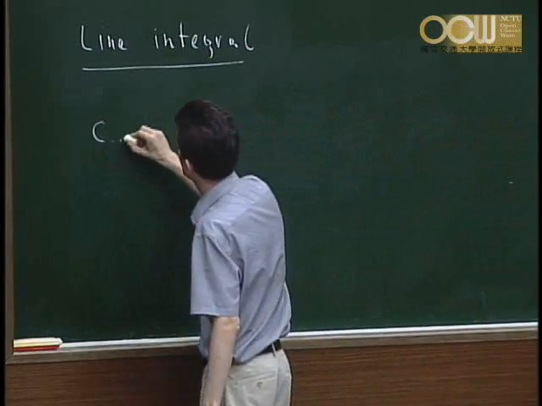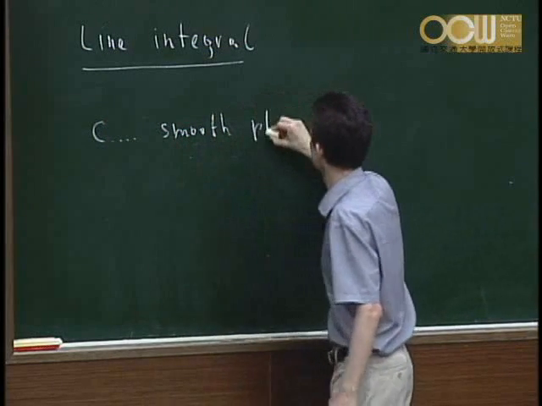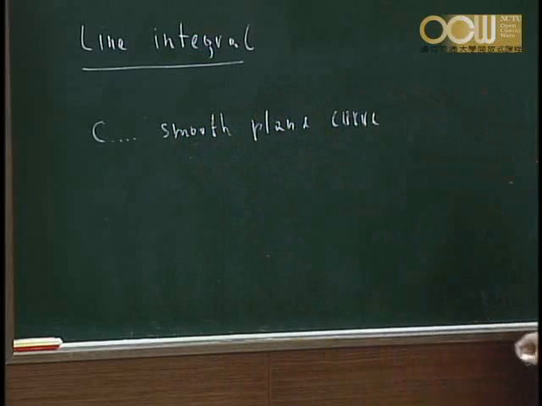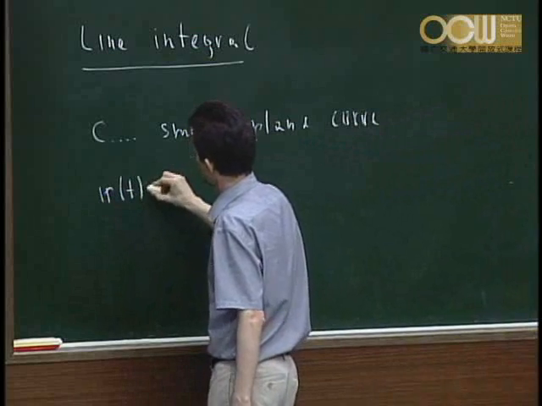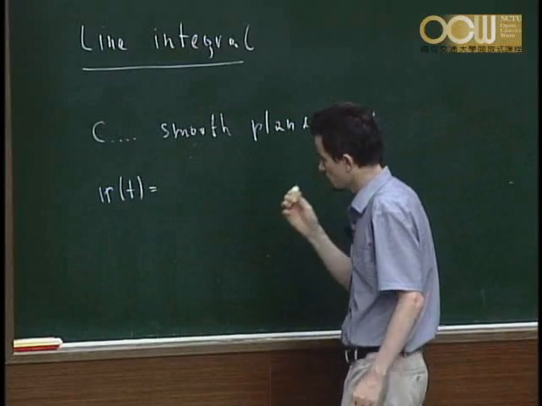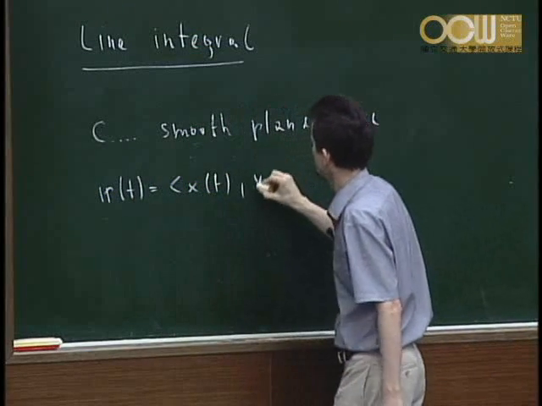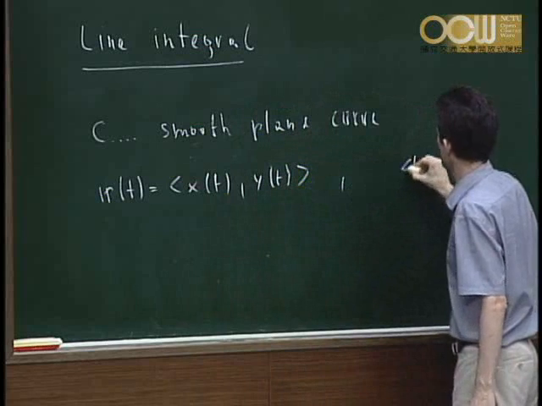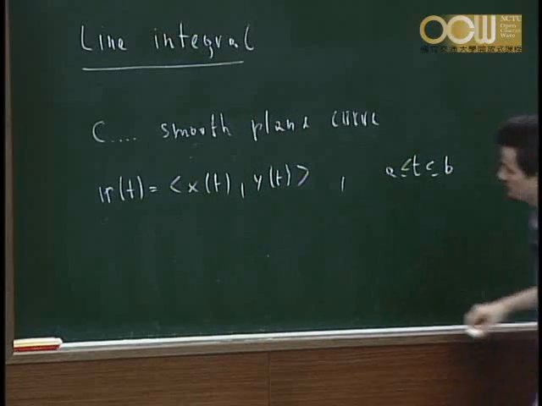We first consider a smooth plane curve. You can describe this curve by a vector function. Let's assume the coordinates are given by x of t and y of t, and assume that the range of the parameter is between a and b. Okay, so this gives you some curve in the plane.